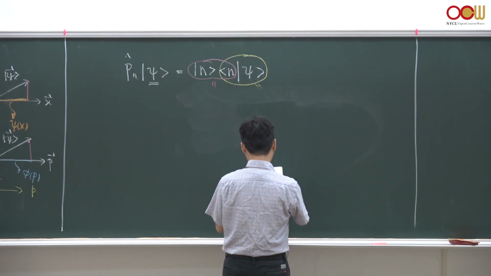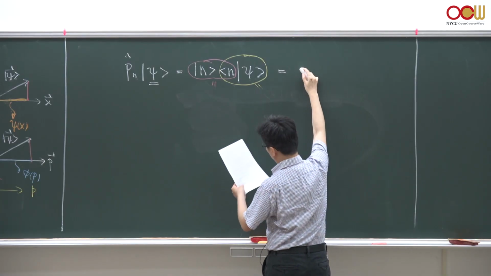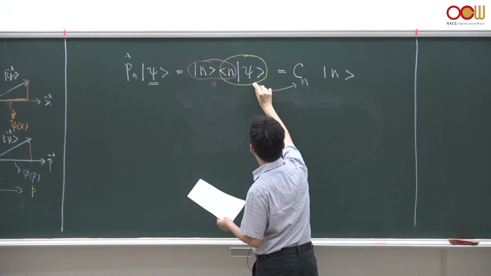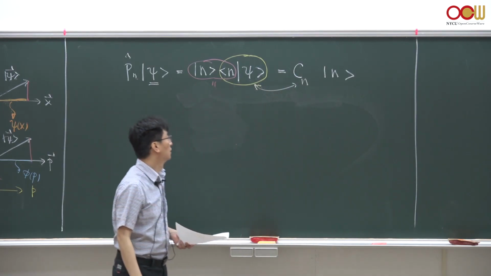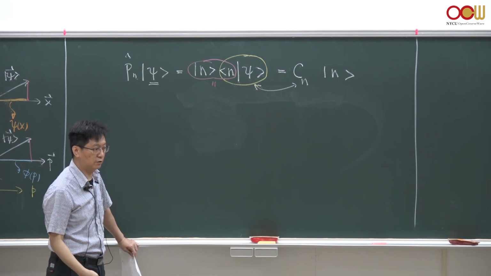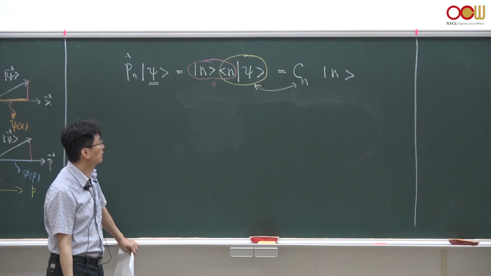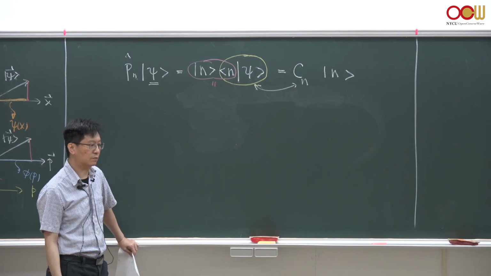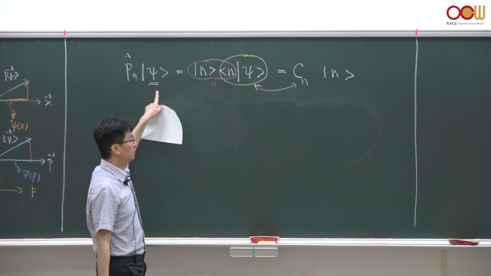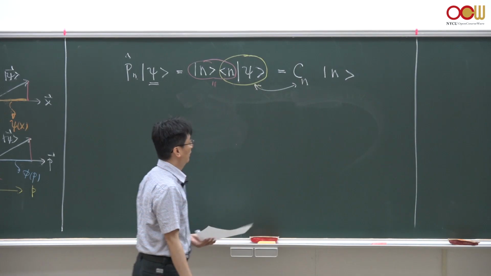So what is this number telling us? Well, this is nothing but some coefficient, and this coefficient is defined by Cn. Again, Cn is the coefficient corresponding to the probability amplitude that you can measure an arbitrary state to be in any particular eigenstate n.